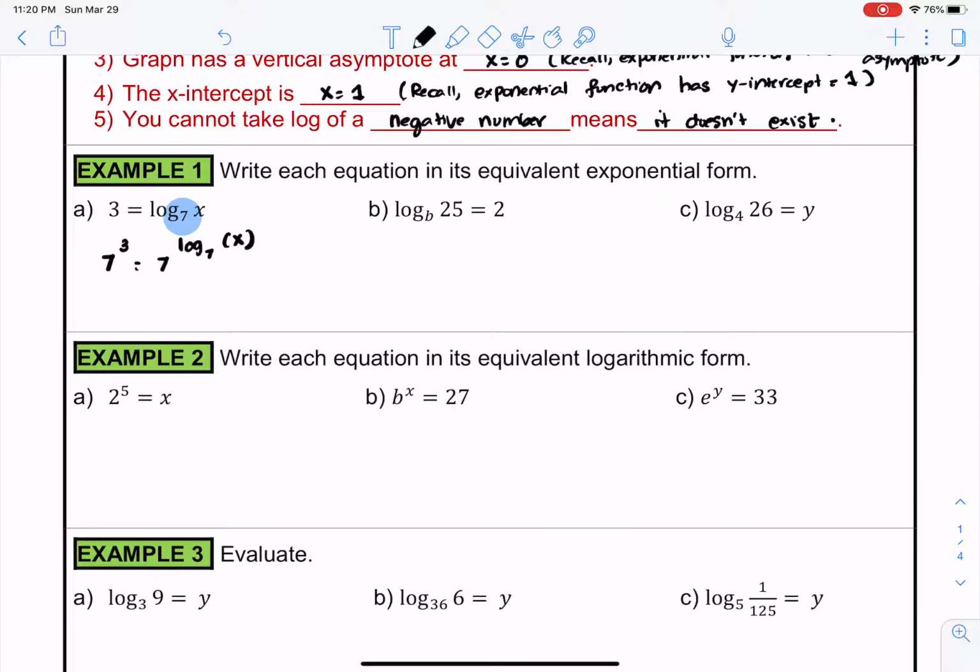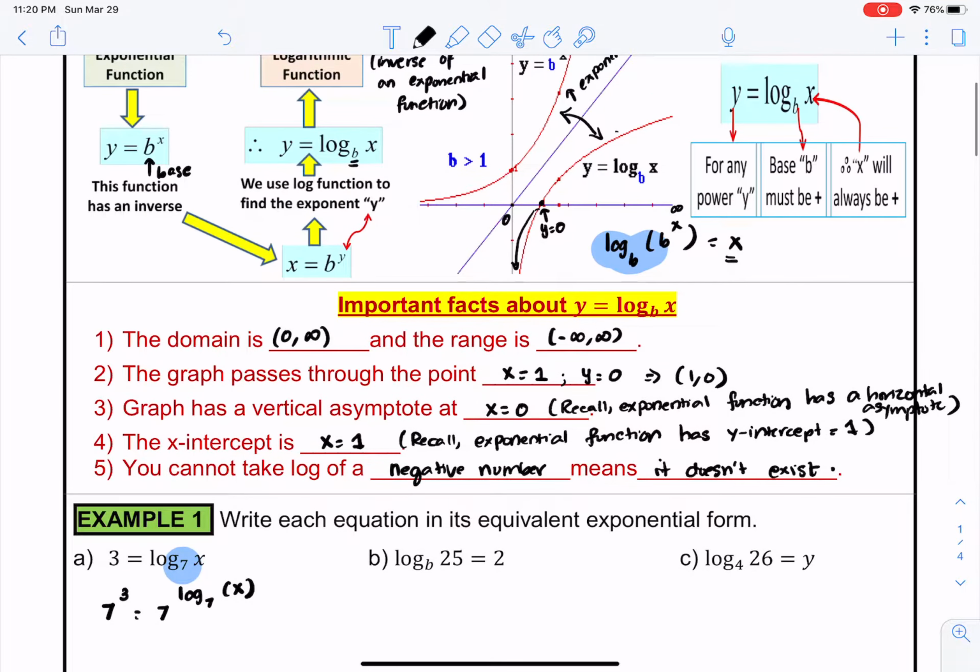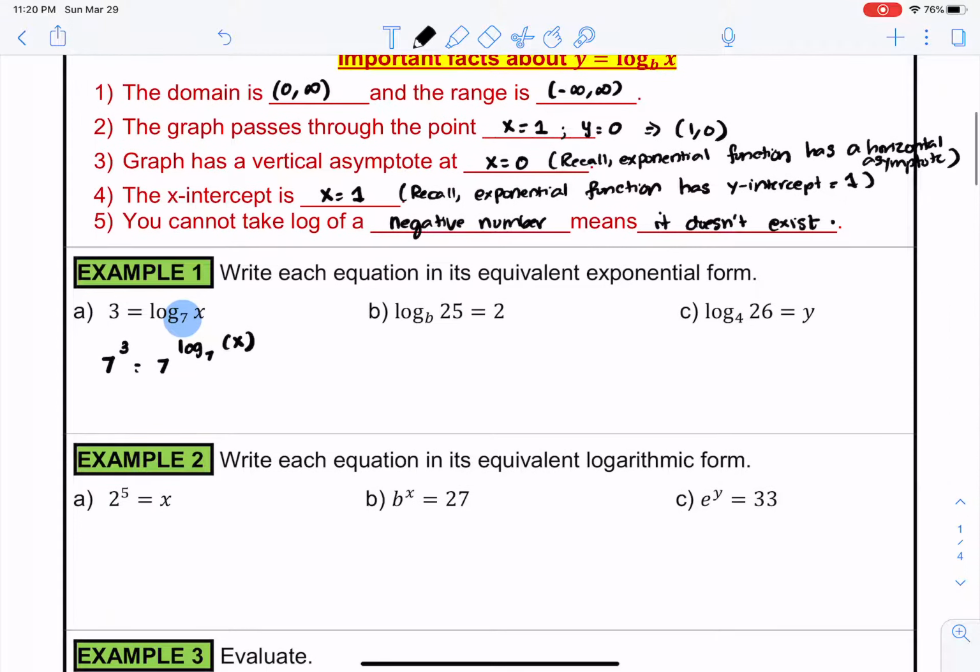Just like log b and b get cancelled there, these two would go away, leaving us with simply 7 raised to 3 equals x. And that's right there, 7 raised to 3, an exponential form.